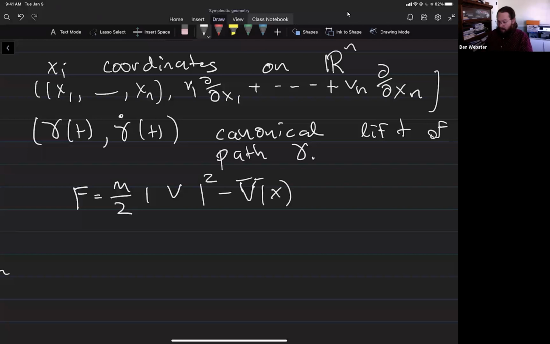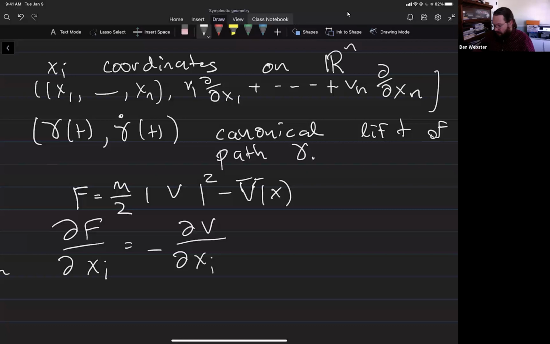So if I take a partial derivative in the space direction, well, the kinetic energy isn't affected by that. It goes away, and I get minus dV/dxi, which is the force in that direction supplied by that potential energy function.